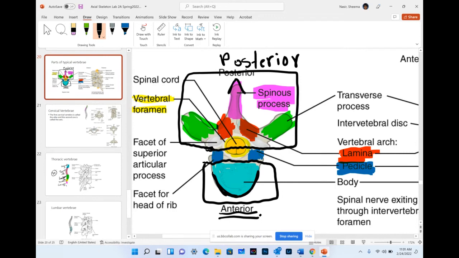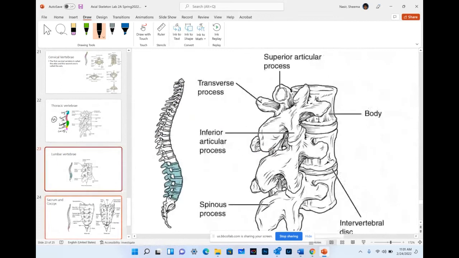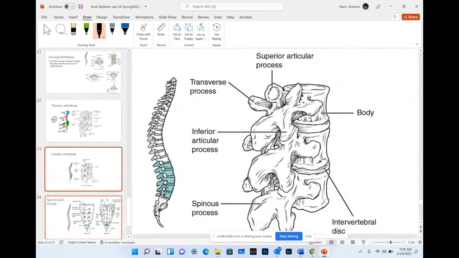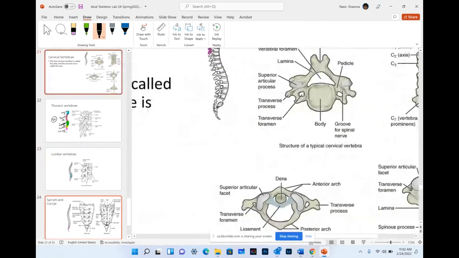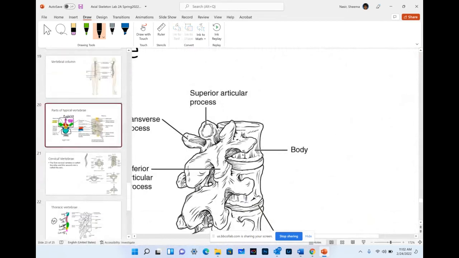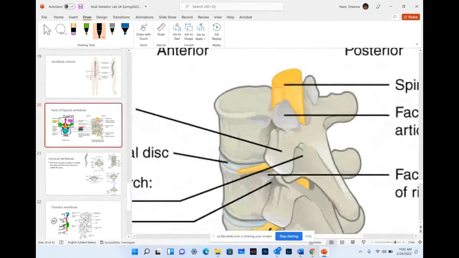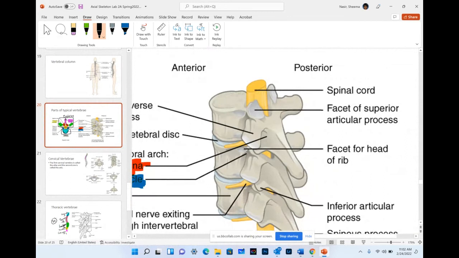Now the next thing is superior and inferior articular process and facet.